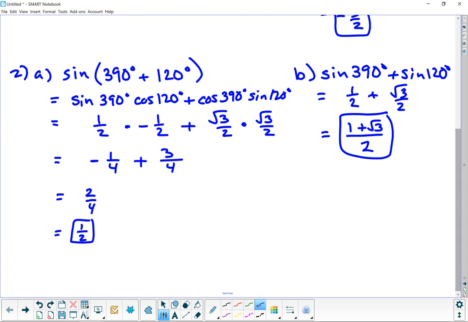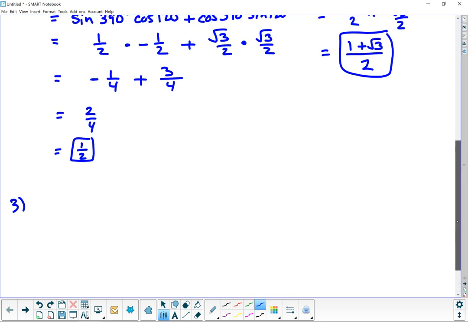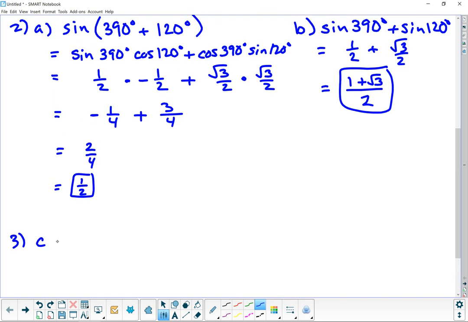So that's 2. Now 3. Now we're talking about radians. 3 is going to be cosine of pi over 6 plus pi over 3, and we want to find out what that makes.